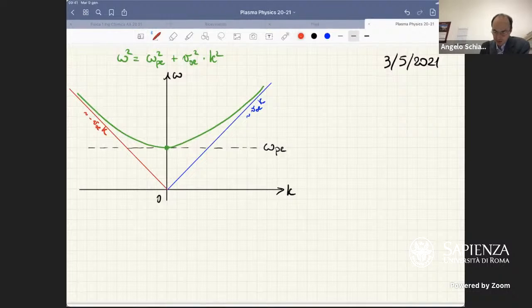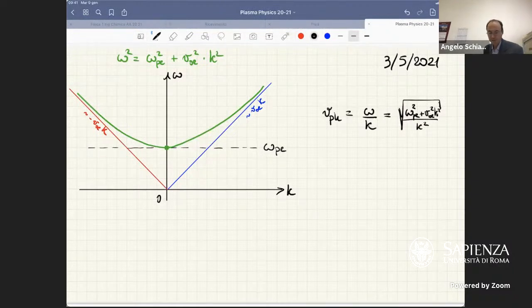So we see that the phase velocity is equal to omega divided by k, and omega, we can get from the dispersion relation, is the square root of the plasma frequency squared plus V0e squared k squared, and we can bring inside the square root the square of the wave number.